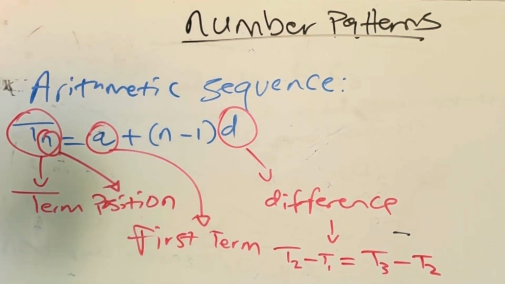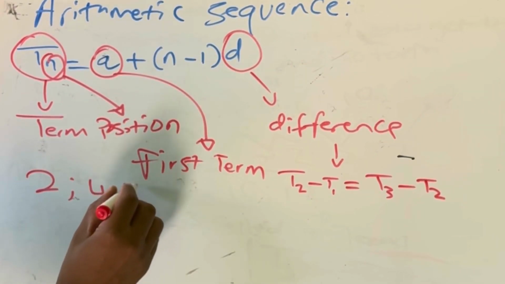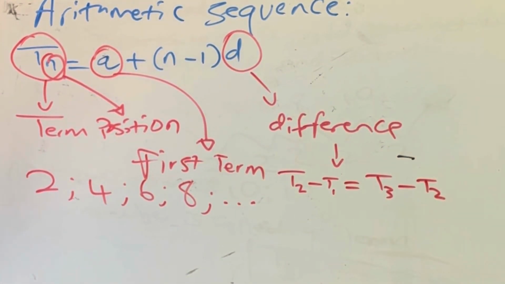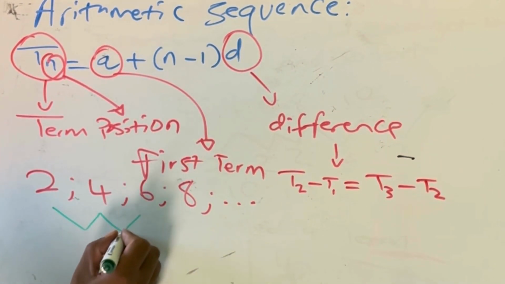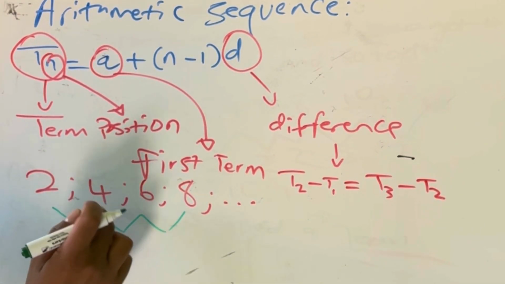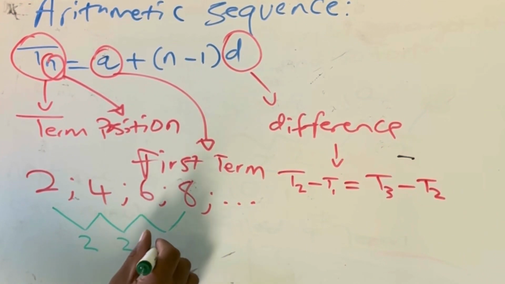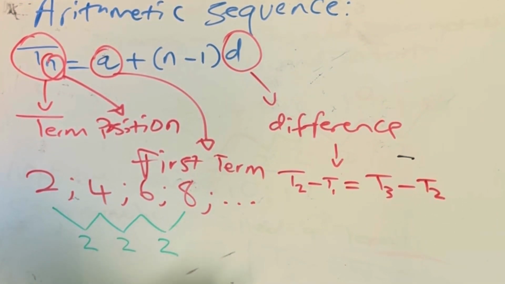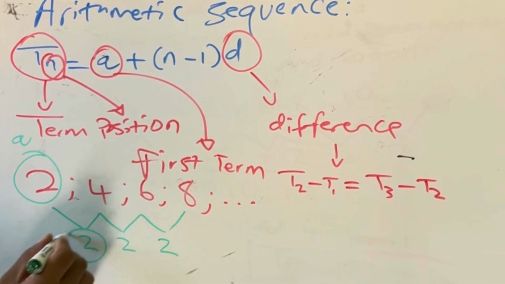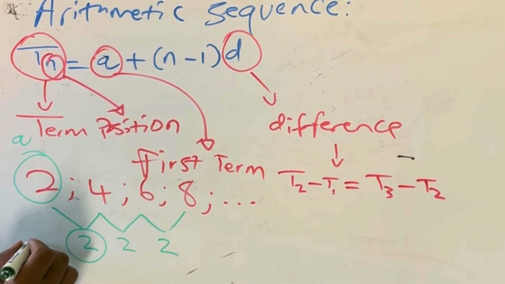Now let's take the same question, 2, 4, 6, 8, and it continues, right? Here, the difference: 4 minus 2 is 2, 6 minus 4 is 2, 8 minus 6 is 2. So you see, this is the first term, a, and d, the difference, is 2.